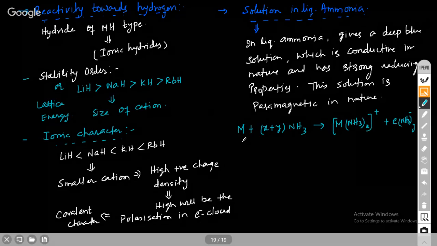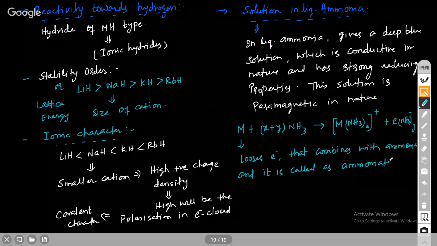In this, the metal loses an electron and that combines with ammonia, and hence it is called ammoniated electron.